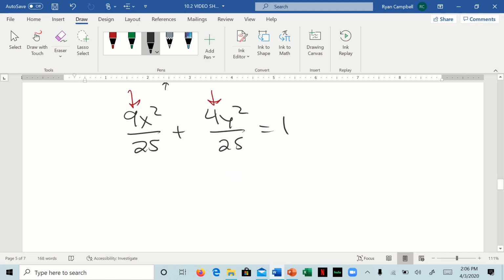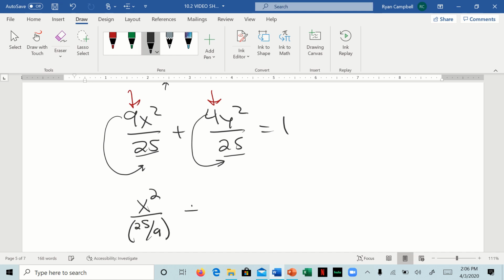So instead, we can kind of undo a complex fraction, right? Just bear with me, but basically we can put this underneath our denominator as a fraction. So this is going to be the same as x squared over 25 over 9 plus y squared over 25 over 4 equals 1.